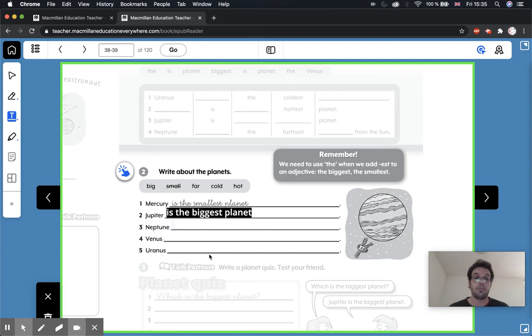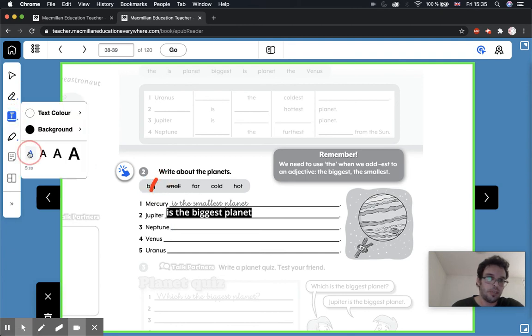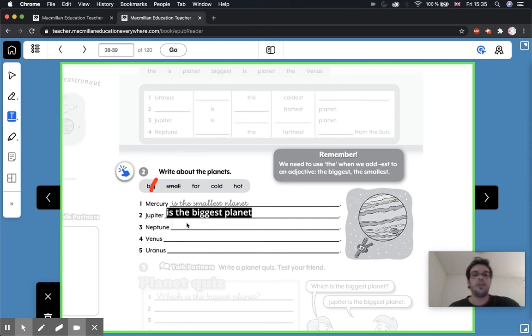Let's have a look at Neptune. Now, if you don't remember Neptune, Neptune is the planet, es la planeta más lejos del Sol. Lejos, ¿cómo se dice? Far. What's the superlative?